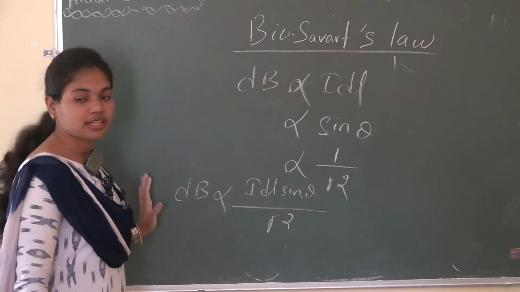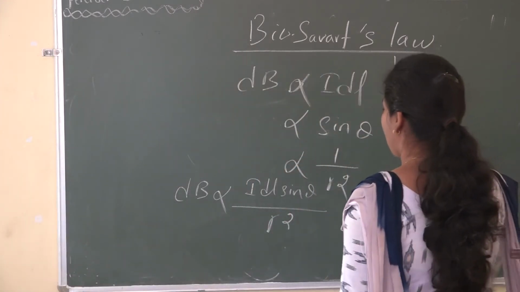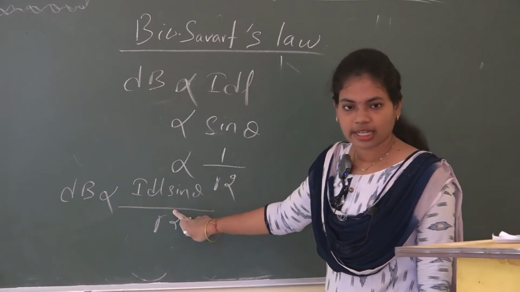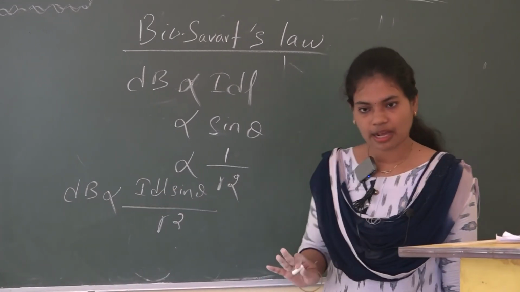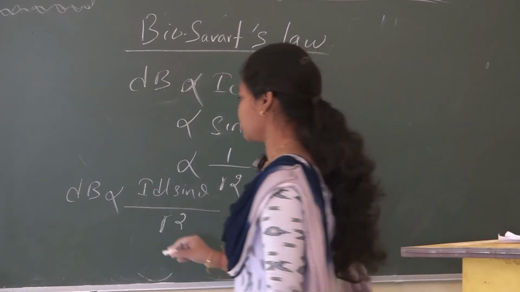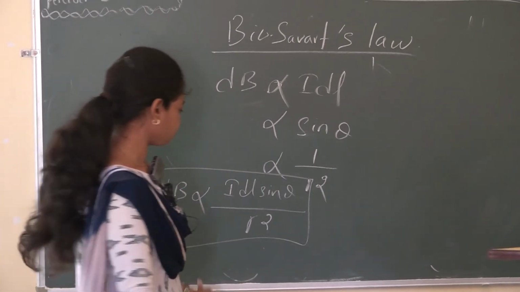I dl is the current element, sin theta is the sine of the angle, and r square is the square of the distance between them. That is the expression for Biot-Savart's law.